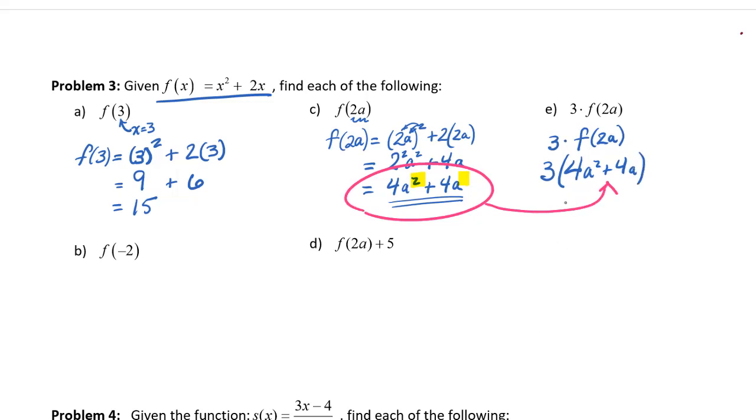And you could simplify this if you wanted. We could distribute the 3 through, and we would have 12a squared plus 12a.